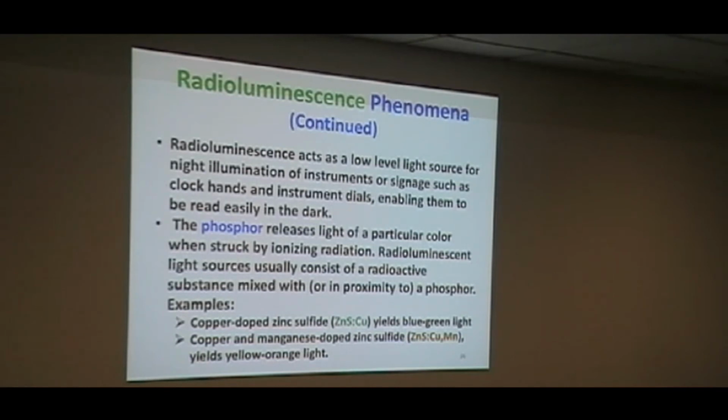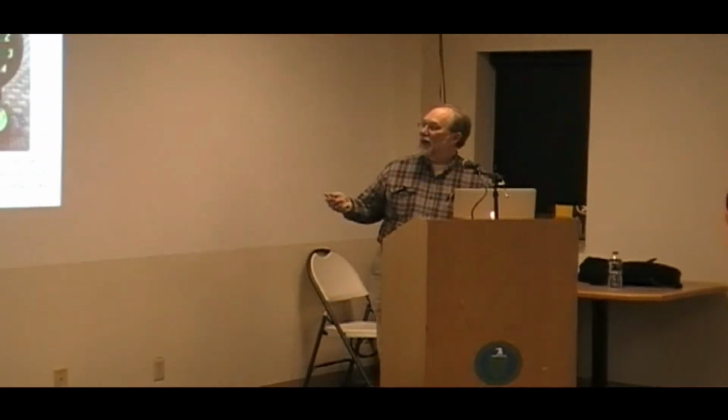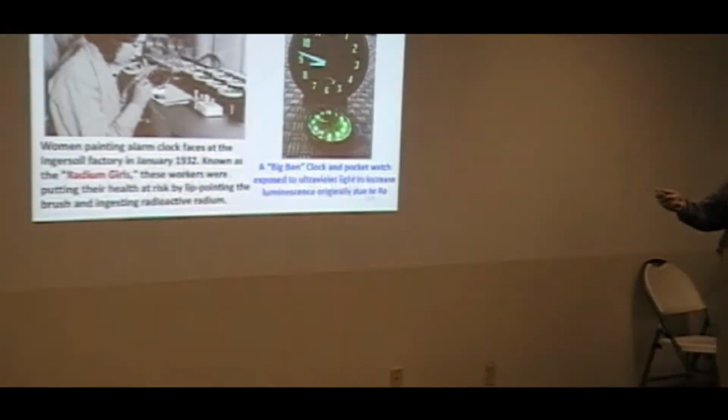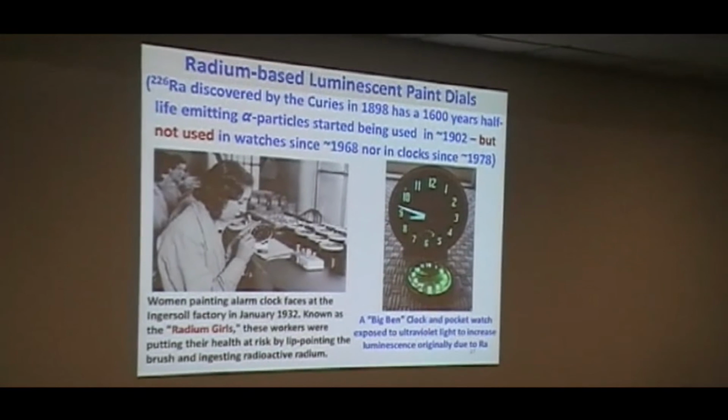This effect was noticed very soon after the Curies discovered radioactivity, and people started investigating it and found that radium was really particularly effective. It had about a 1,600-year half-life, that is, half of it would decay in 1,600 years, with alpha particles, and by 1902 it was being used to paint dials of all kinds of things.